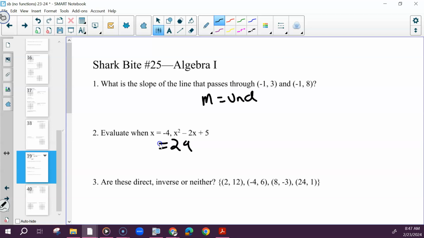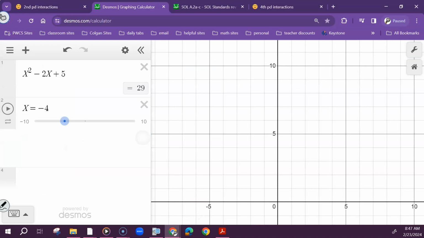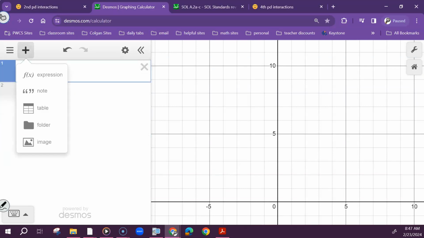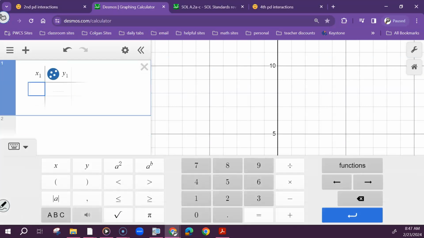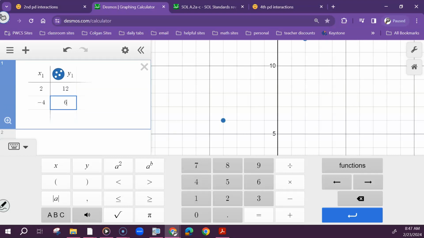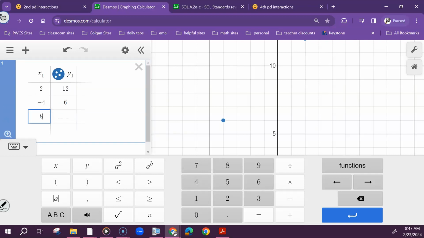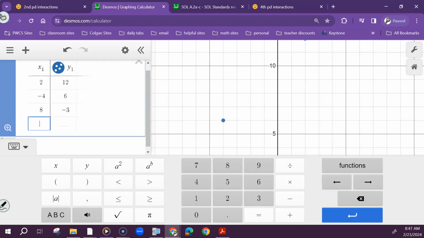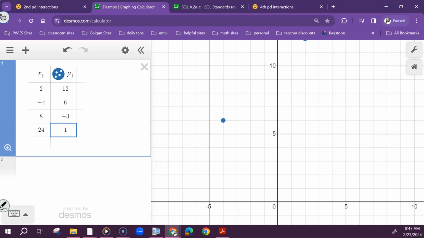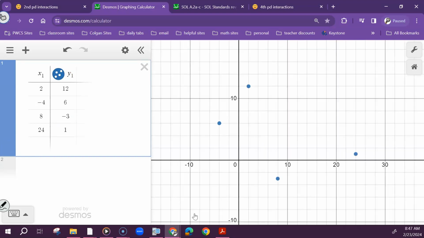The last one, you could also put those into Desmos either as separate ordered pairs or as a table. I can see that these points aren't going to make a line that goes to the origin, so they're not direct.